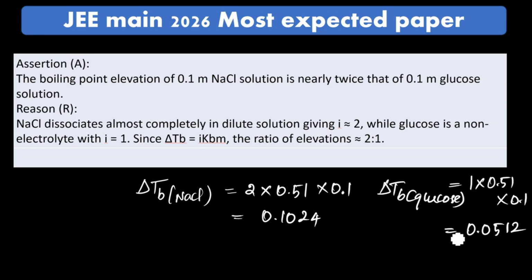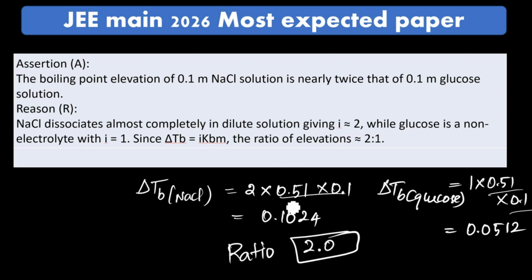Look at the ratio between these two, that is 2, right? The ratio is approximately 2. What the reason is saying, NaCl dissociates, glucose is a non-electrolyte, that is the only difference happening over there. Except these two, both are true statements.